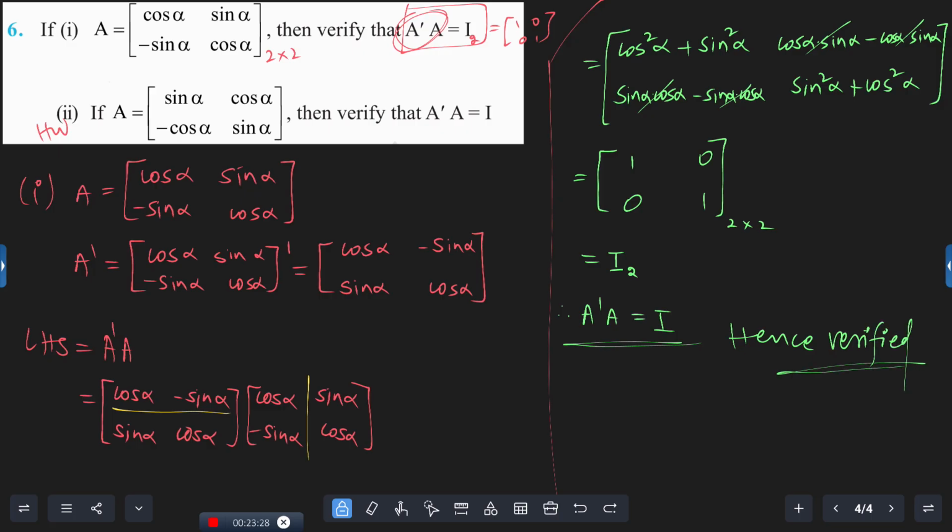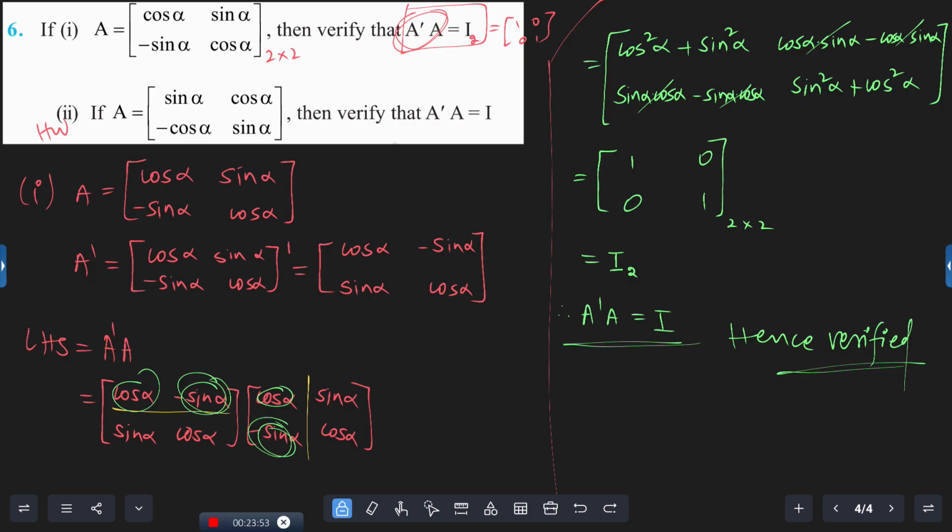Hence verified. See, the very important thing you want to learn in this chapter is the matrix product. Row with the column: first element to first element, when I go second element, plus second element to second element, like that you should multiply. If you are not learning the product, really this chapter is very tough.